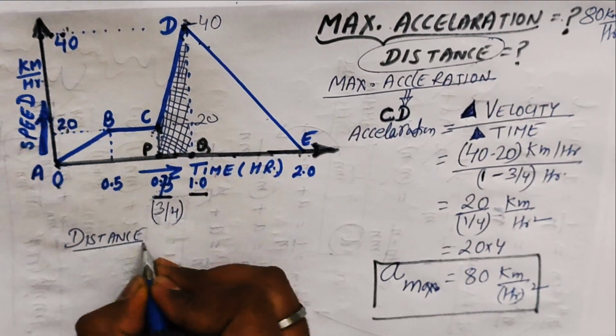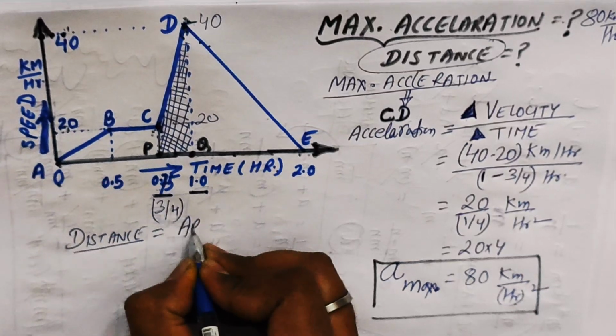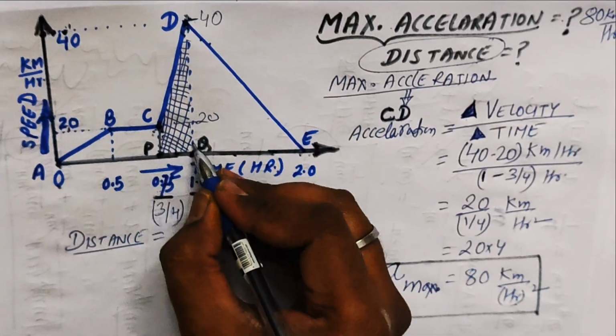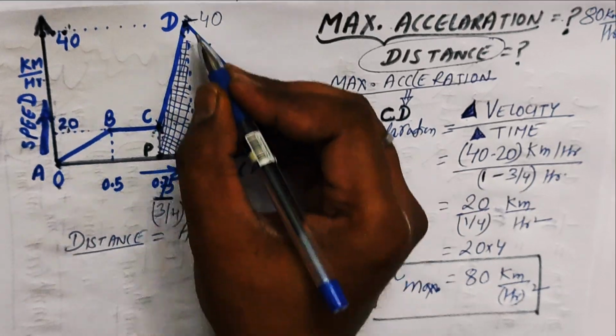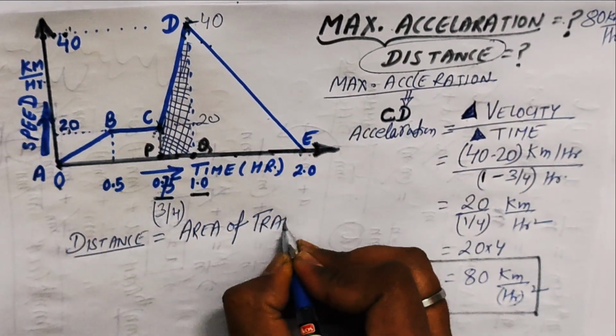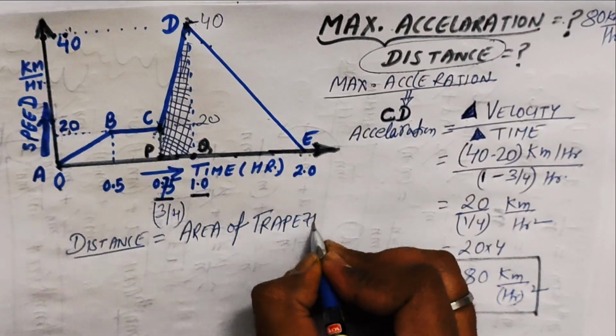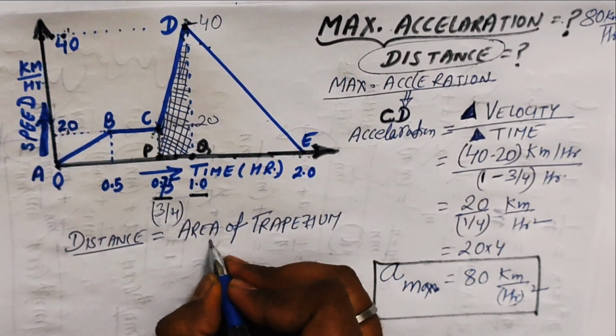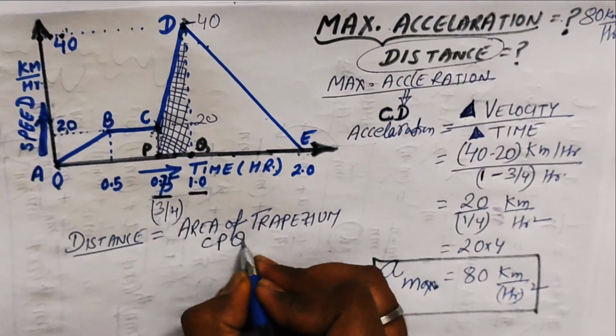Distance is given as the area of, what is the shape of this? CPQD, area of, it's a trapezium. Why trapezium? I will explain. Area of trapezium CPQD.